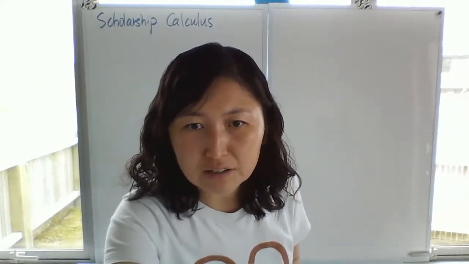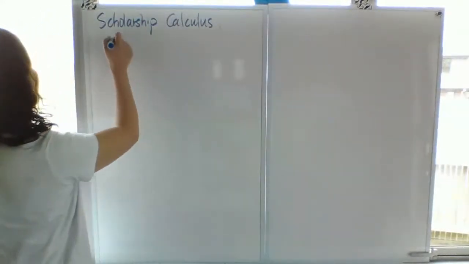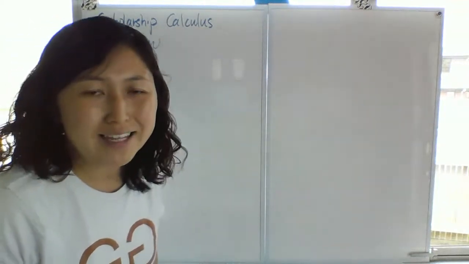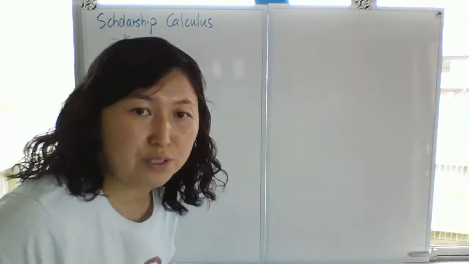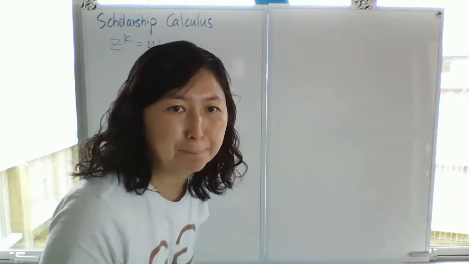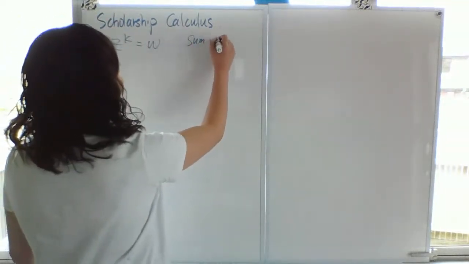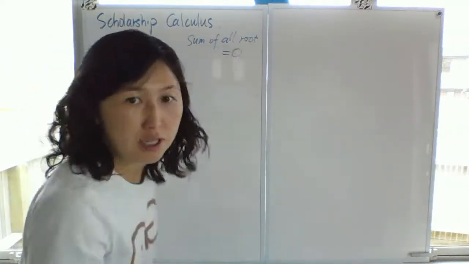Okay, let me pull the question out again. So it says z to the power of k is equal to w, and k belongs to the natural numbers. So that's what that symbol actually means. Show that the sum of the k roots, so basically the sum of all roots, is equal to 0.